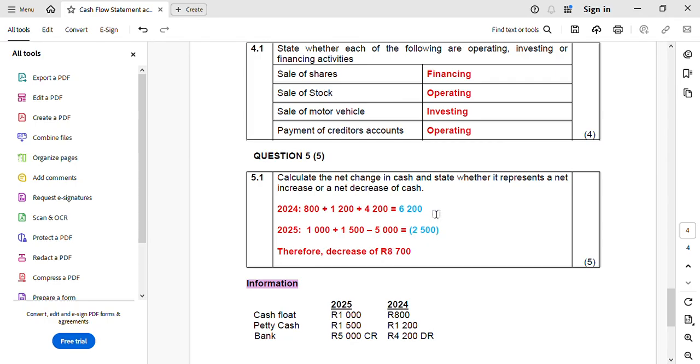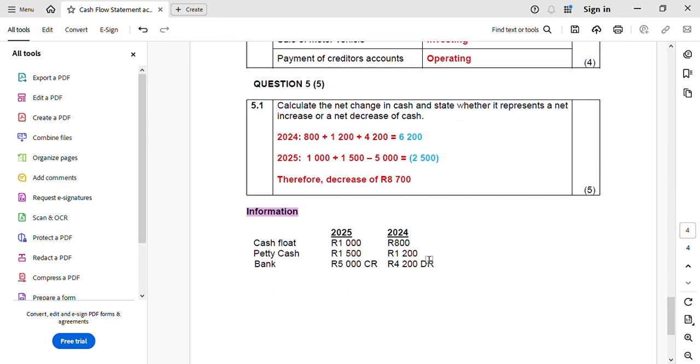So if you take your difference in cash now, we've gone from positive down to negative, so cash has decreased by 8,700. Okay, that was just a few short questions on cash flow statement activities.